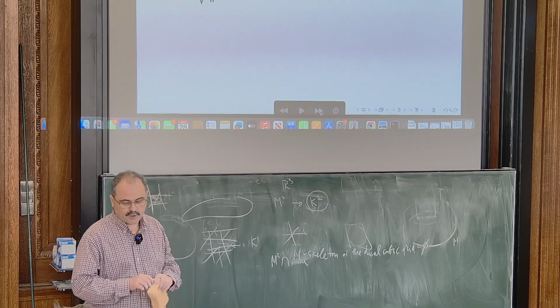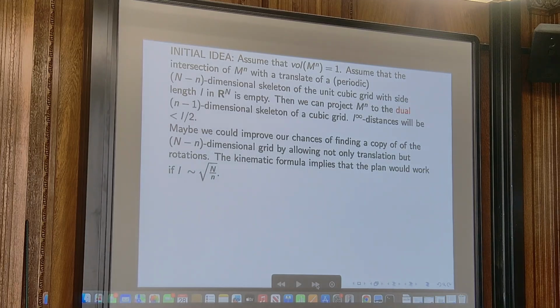Here, if we do the calculation, a way of doing it is the principal kinematic formula by Santaló, Blaschke, and Federer, which applies to curvature measures, and in particular it applies to volumes. Basically, if we have a couple of manifolds, and we take one of them and apply all isometries of the ambient Rn, and we average the measure of the intersection, it is essentially given by the product of the measures of those manifolds and some dimensional constant.